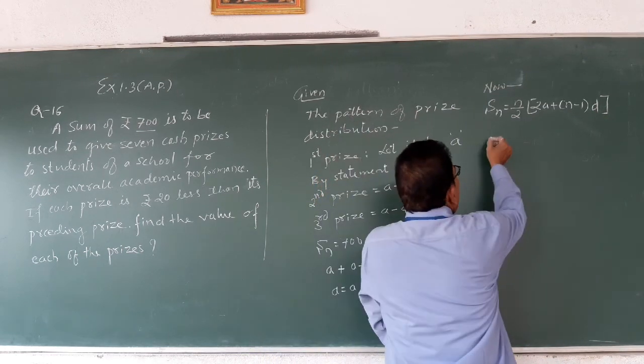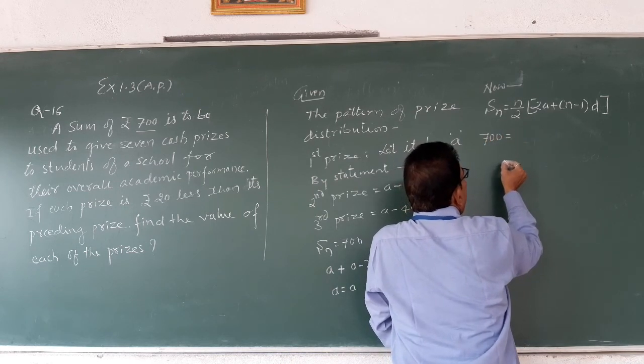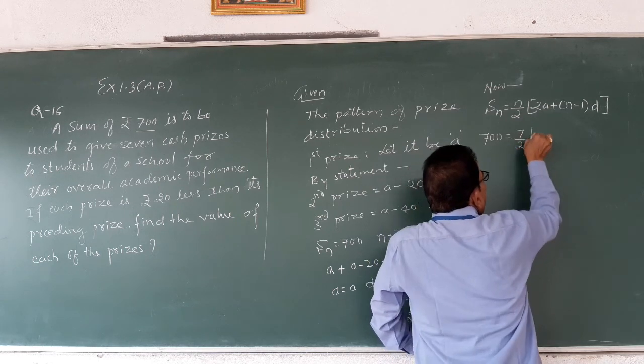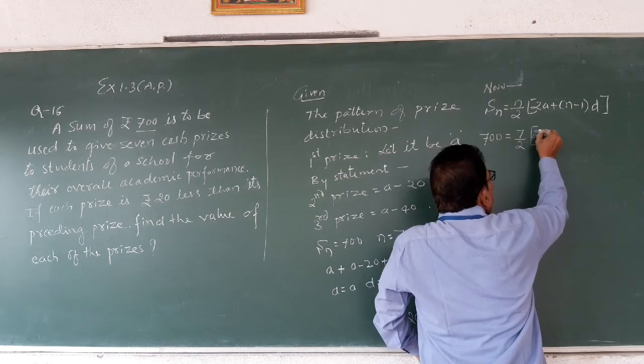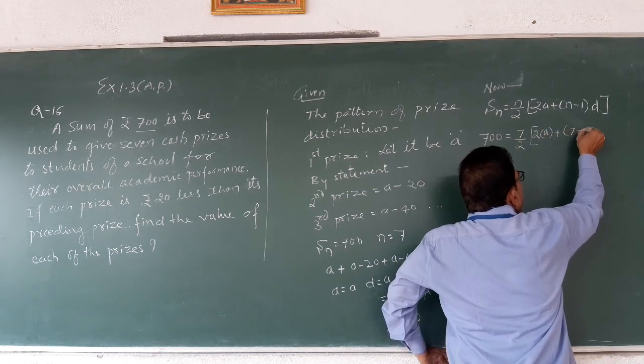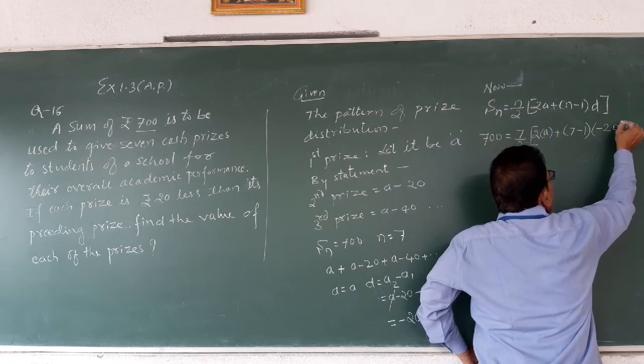Then Sn, how much? 700 they have given. n by 2, 7 by 2, 2A plus 7 minus 1 into d, minus 20.